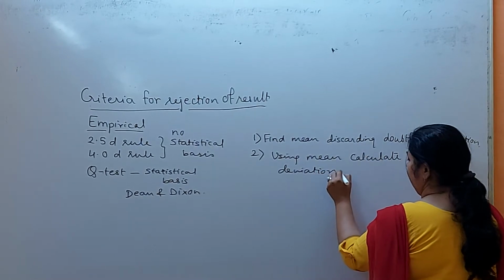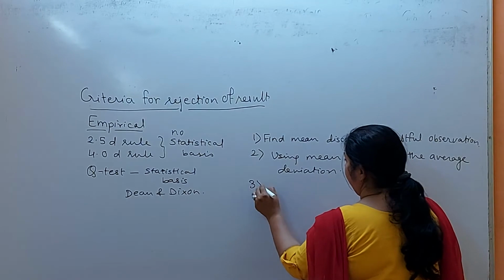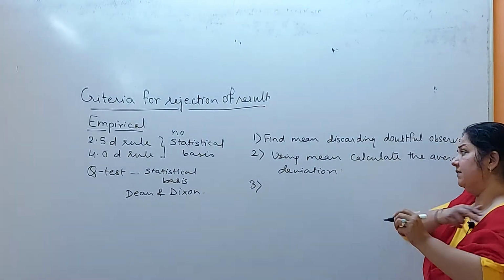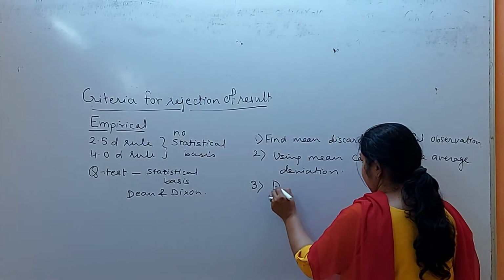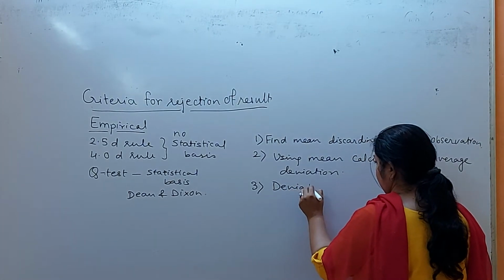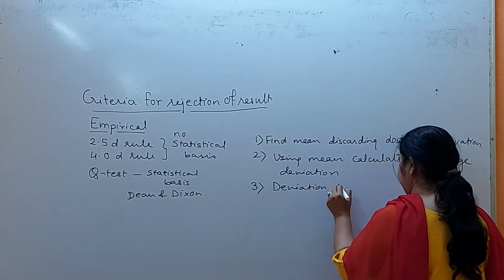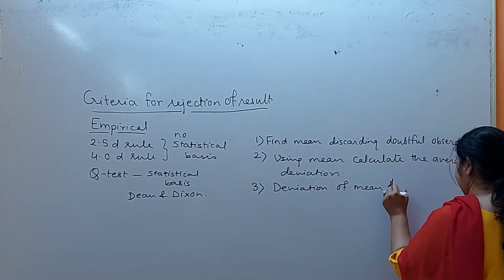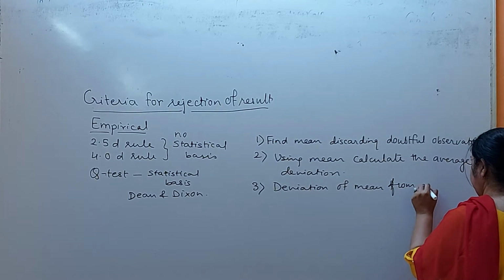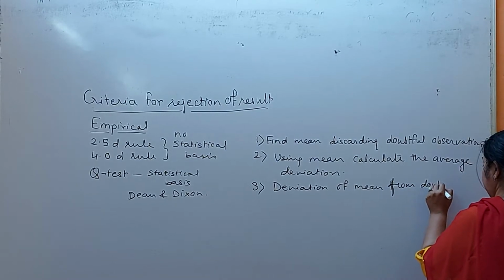Then find the difference between the mean and the doubtful observation, that is, the deviation of the mean from the doubtful observation.